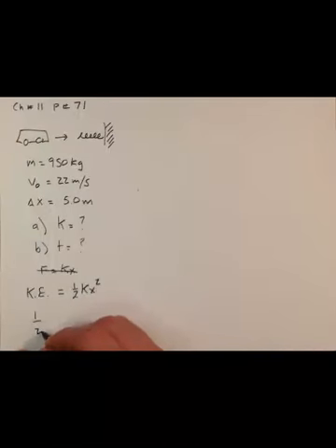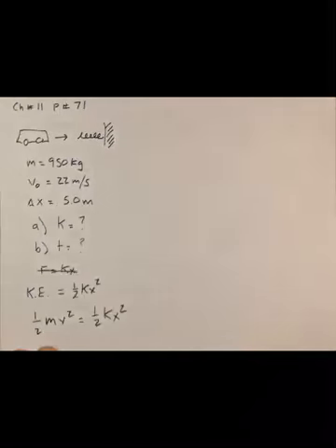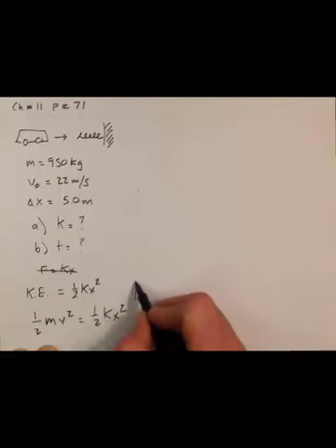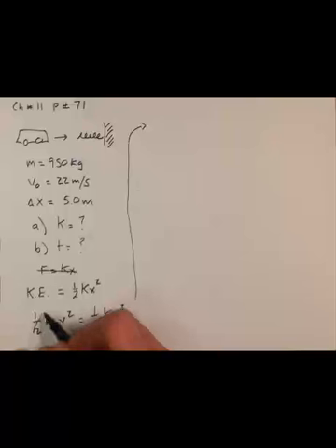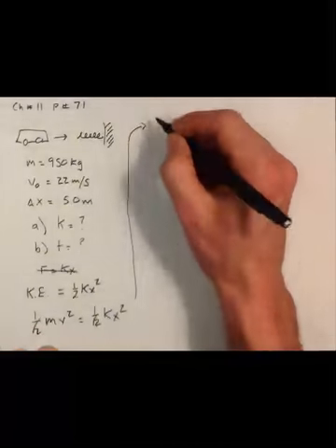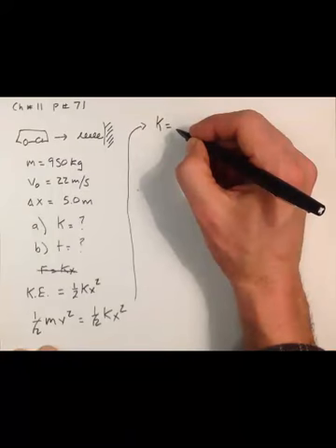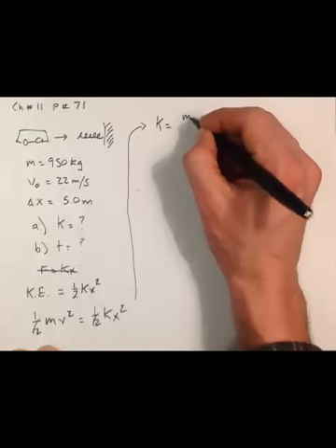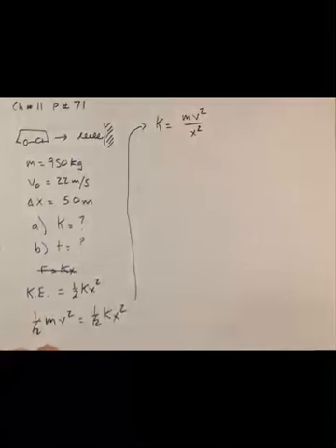We could set 1/2 mv squared, the kinetic energy at the beginning of the problem, equal to 1/2 kx squared, the potential energy when the spring is compressed. This is a good way to solve for k. The 1/2 cancels, and with a little rearranging, k equals mv squared divided by x squared.